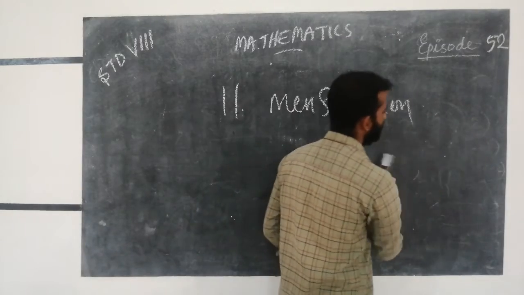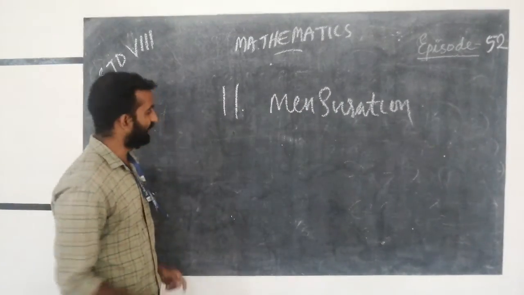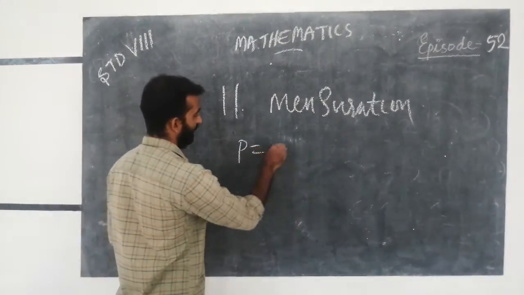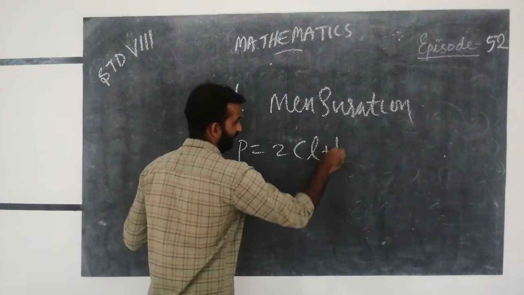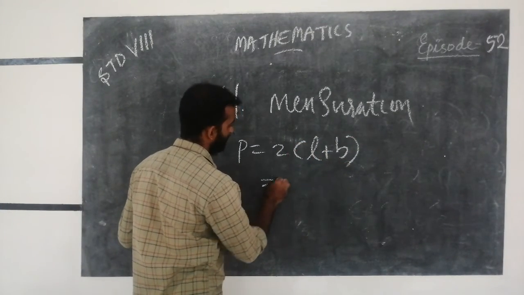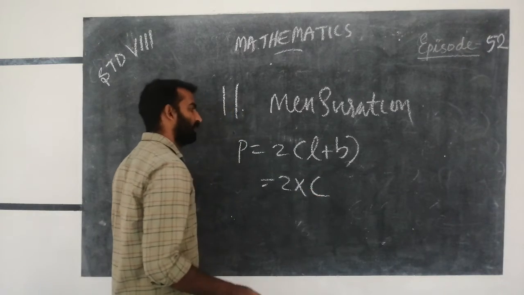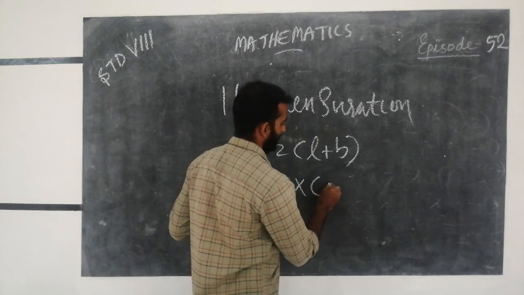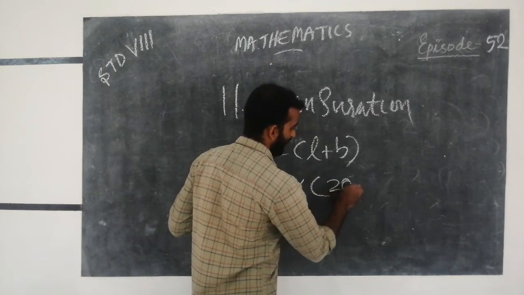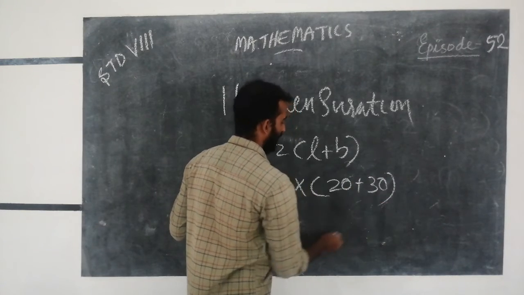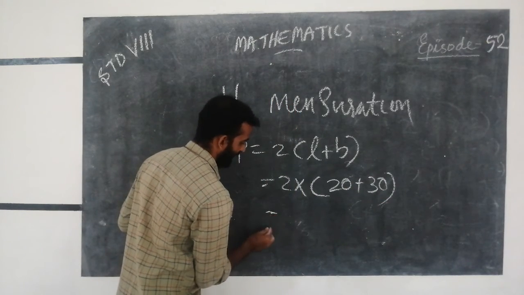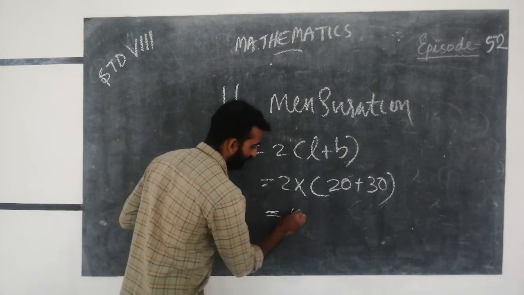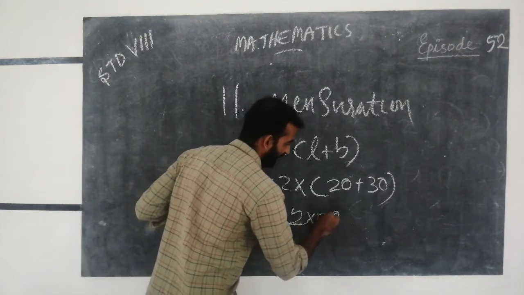Perimeter of a rectangle is 2 into L plus B. Here we get 2 into 20 plus 30, that is 2 into 50, that is 100.